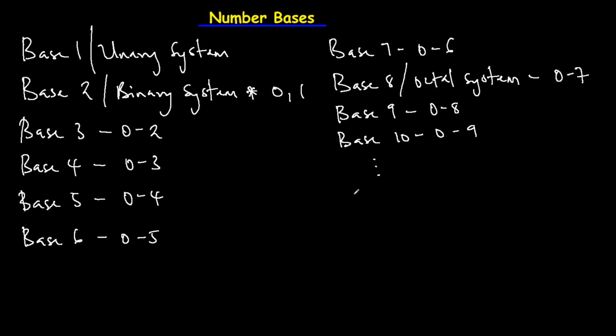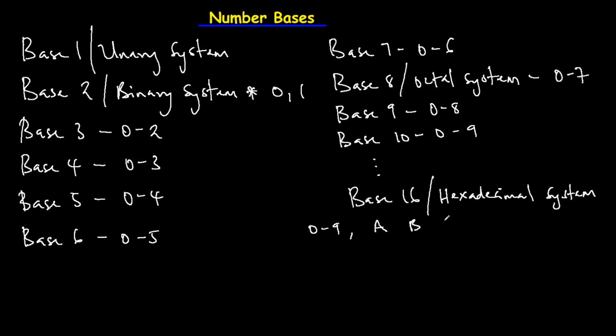Then we also have the base 16 system, also known as the hexadecimal system. This system not only uses digits 0 to 9 to form numbers, but it also uses the letters A, B, C, D, E, F to form numbers.